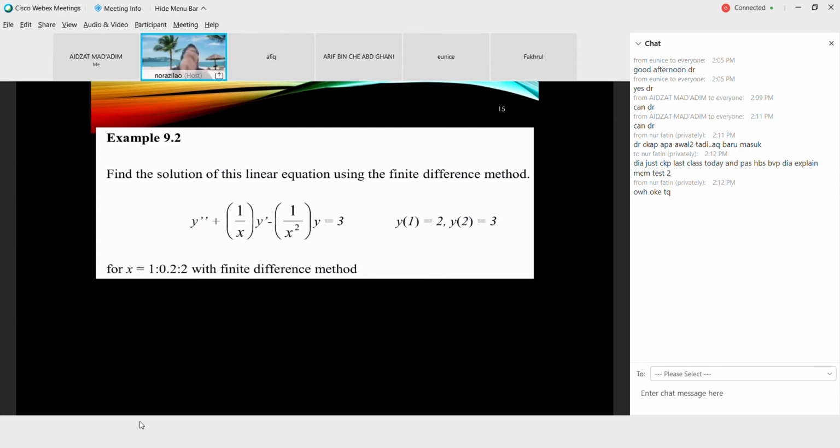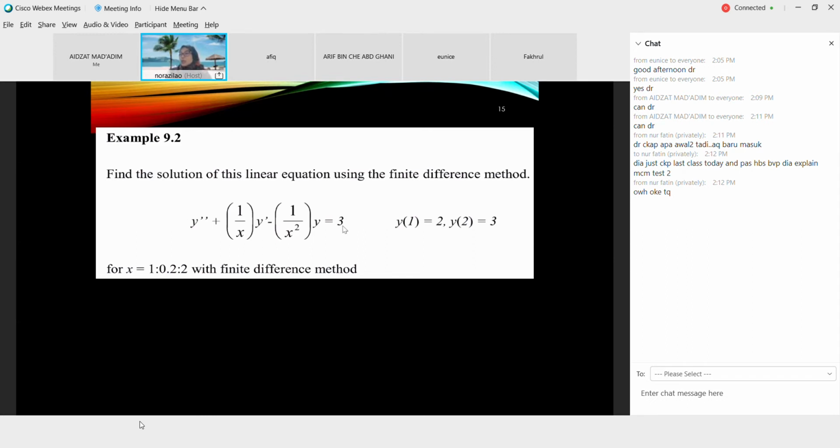And then for x equals 1, increment by 0.2 until 2 with the finite difference method. This example directly mentions using finite difference. Usually we do not mention it to students, so students need to decide by themselves how to solve this problem.